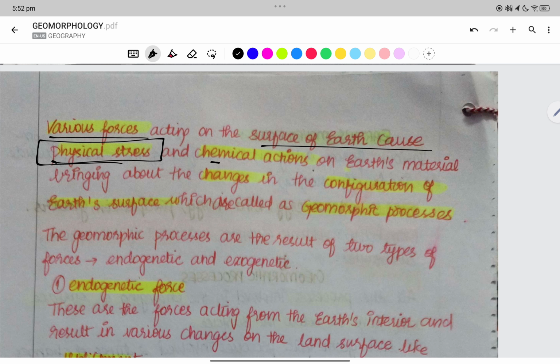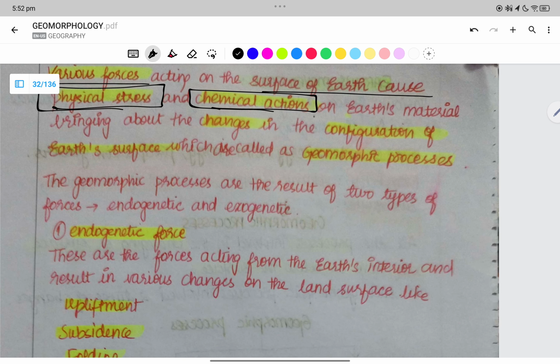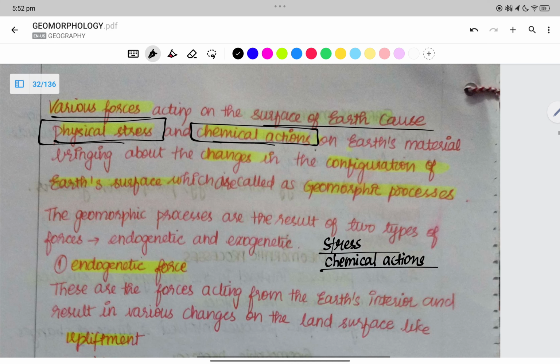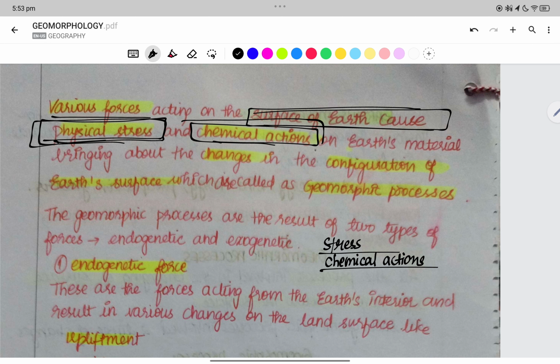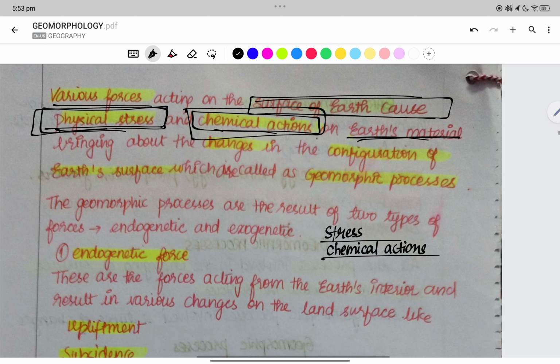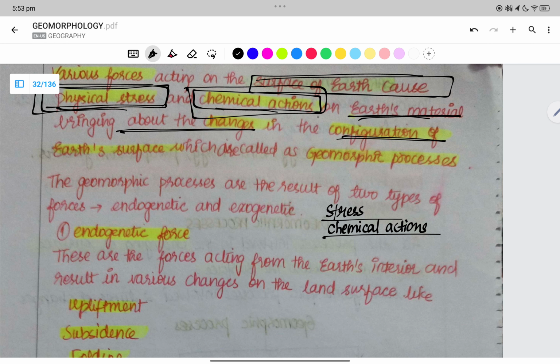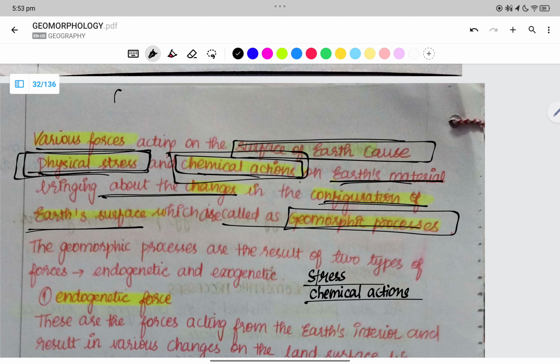They cause physical stress and they are also causing chemical actions on the earth's material, bringing about changes in the configuration of the earth's surface, which are called geomorphic processes. So when various forces are acting and there are changes in the surface, we call it the geomorphic process.